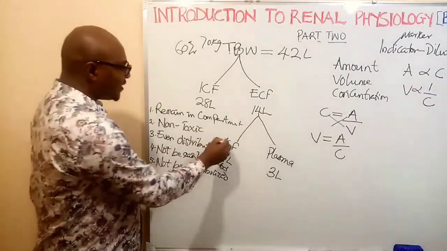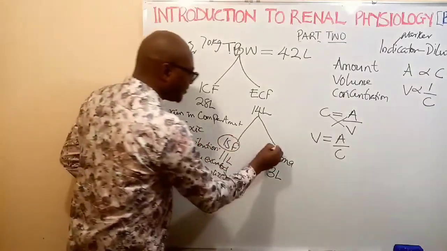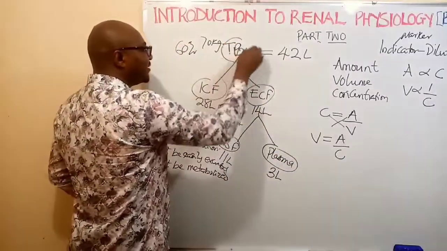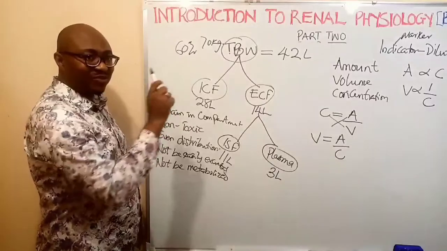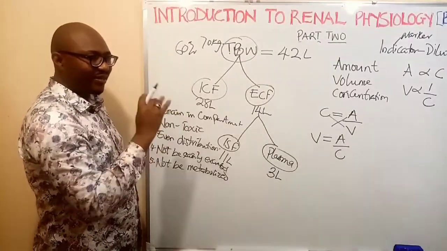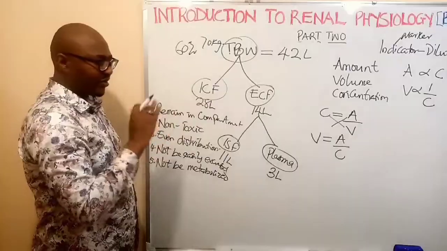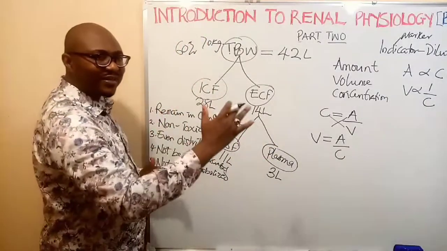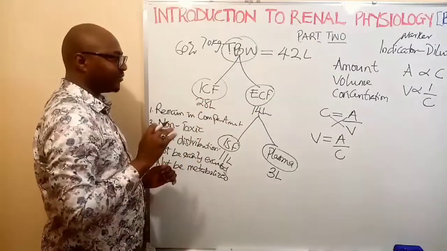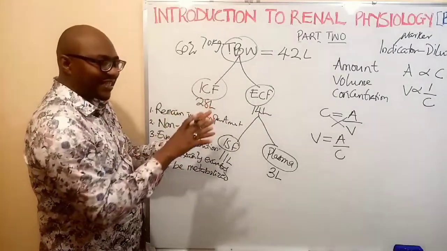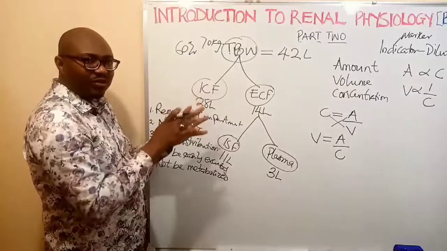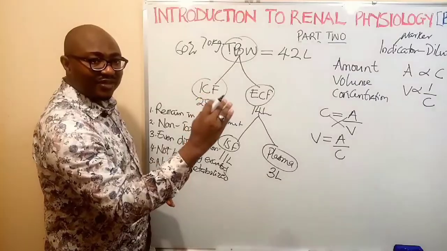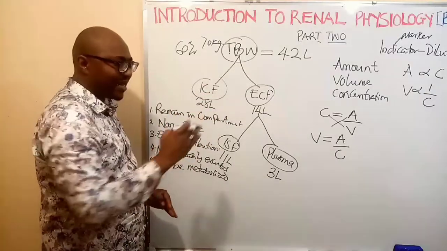So, and you know that these different compartments that you see mentioned in part 1, there is a membrane that separates them. Okay? The intracellular compartment is separated from extracellular by the cell membrane. Then the interstitial fluid compartment is separated from the intravascular compartment through the capillary membrane.